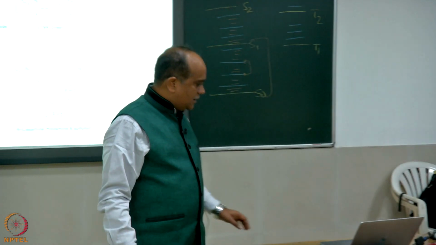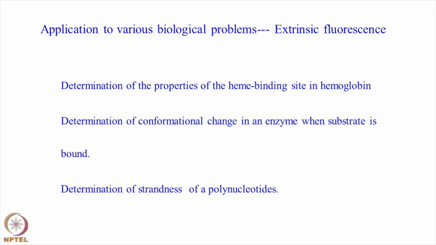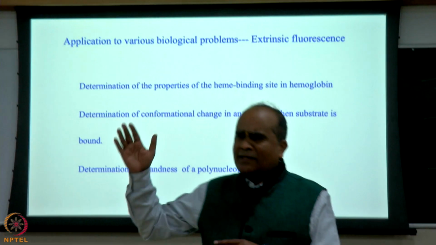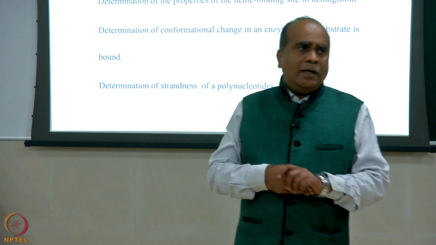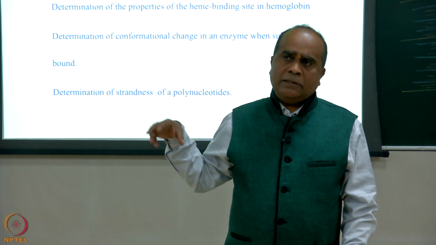They have different excitation and emission wavelengths, right. So, extrinsic fluorophores determine the heme binding property of a protein like hemoglobin, determine the conformational change when an enzyme is bound to substrate, determine the strandedness of a polynucleotide. Many such biological phenomena you can probe by attaching an extrinsic fluorophore.